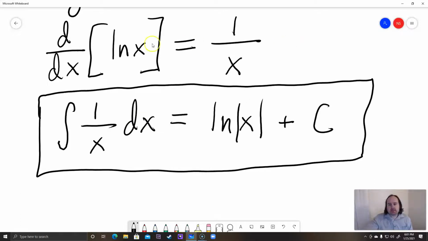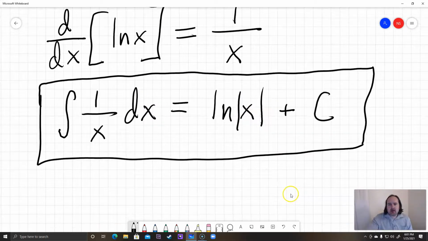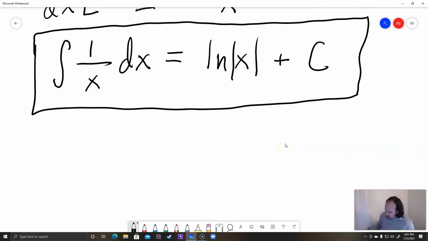But notice, it's the same formula, but in reverse. The only difference is now we have an absolute value, because, once again, you can't have the inside of a logarithm be negative, because the logarithm isn't defined for negative numbers.